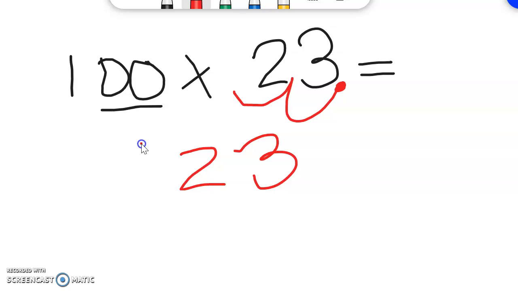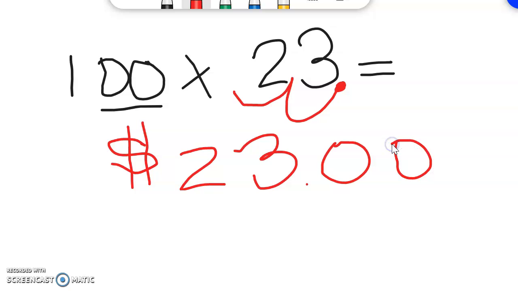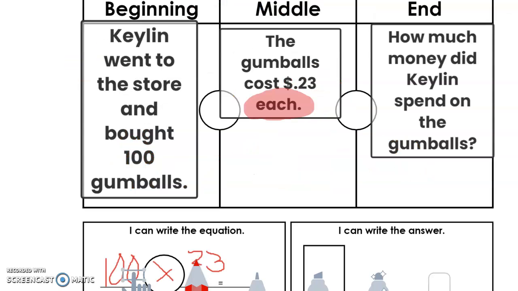That is how much money Kaylin spent on the gumballs for her friends. $23. And I can add the decimal point to the end and put 2 zeros, because that's the correct way to write out $23. Now I'm going to go back to my graphic organizer and I'm going to write the answer out.